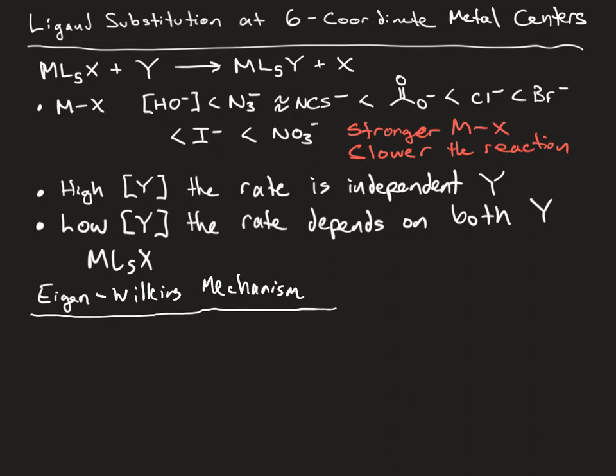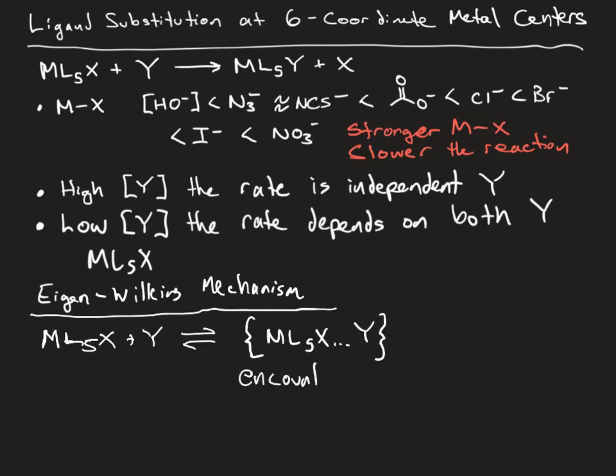In this mechanism, there's a pre-equilibrium that involves the formation of a so-called encounter complex, where Y is contained in a very close space relative to the ML5X. So you have this encounter complex where Y is associated with the 6-coordinate species.